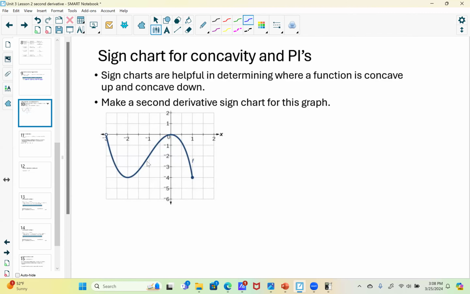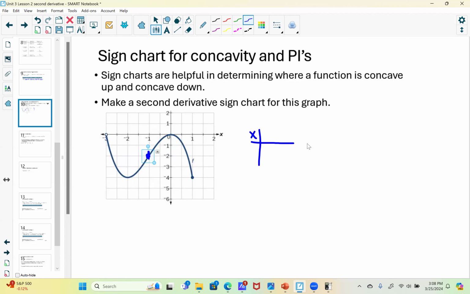And then somewhere around here, it changes. I would say it's somewhere between -1.5 and -1. So I'm going to just pick -1 because that's an easier number to deal with. And then it's concave down everywhere else.